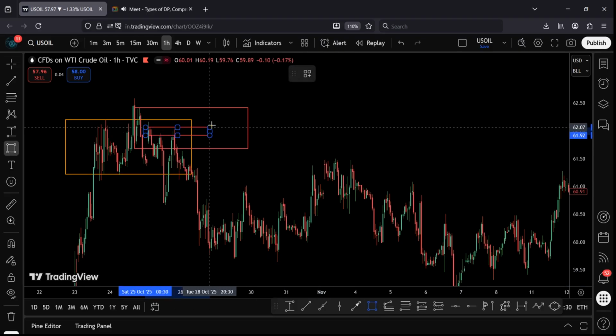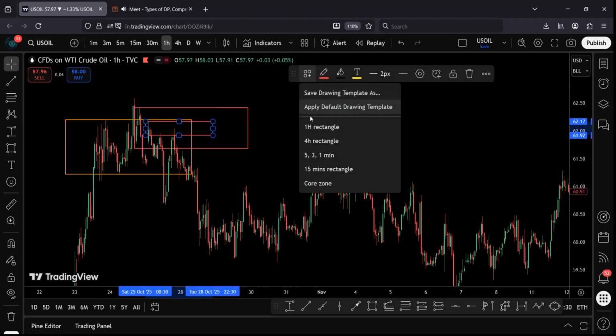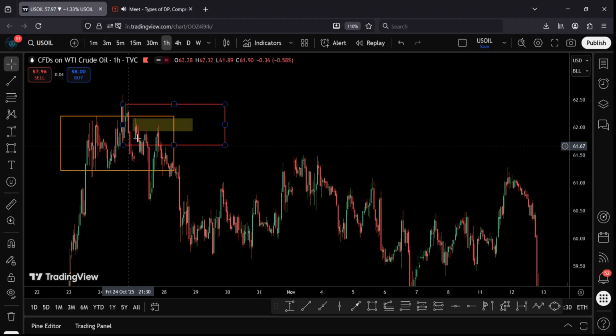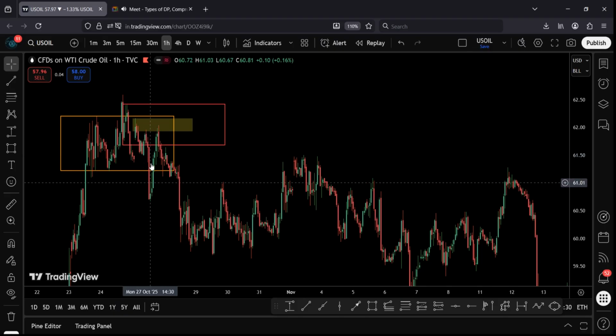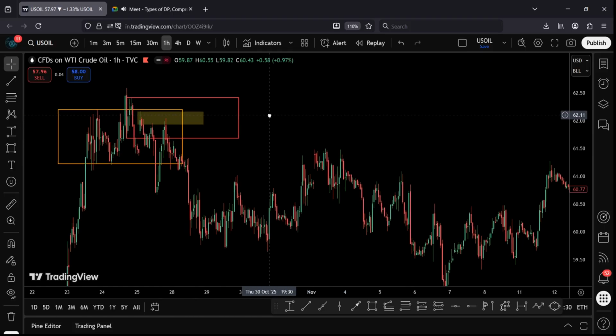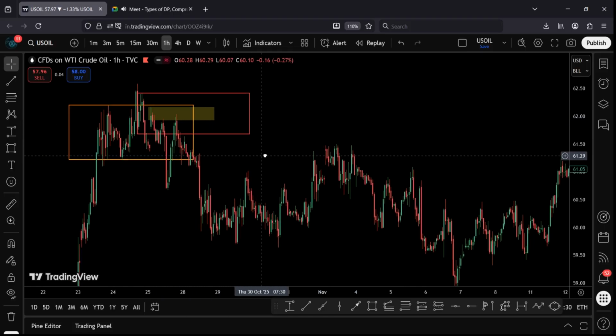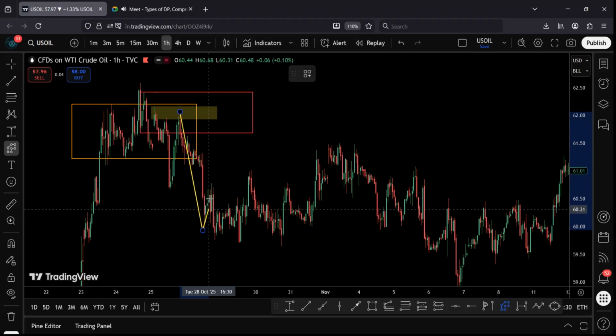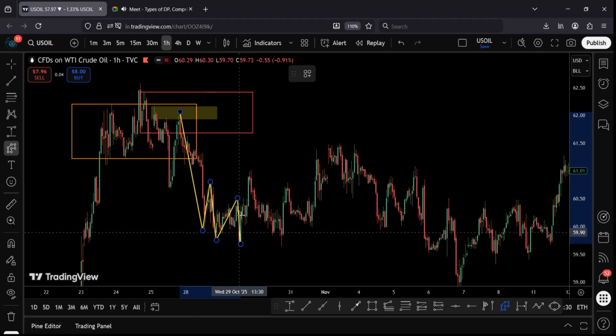I'm denoting MPL using this core zone. Okay, we know that our MPL reside at DP or not. Yes. So now the orders are here, like this here. What happened? Price came down like this. This one, this one, this one, okay, and this one.